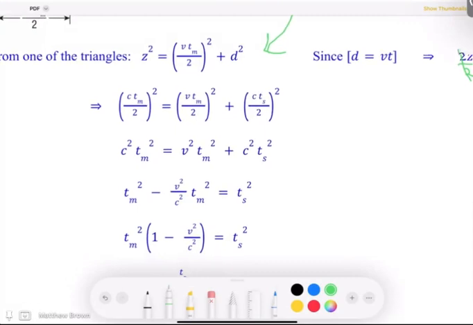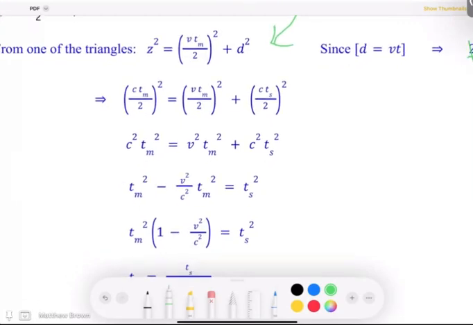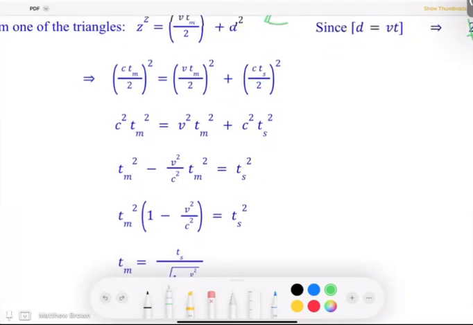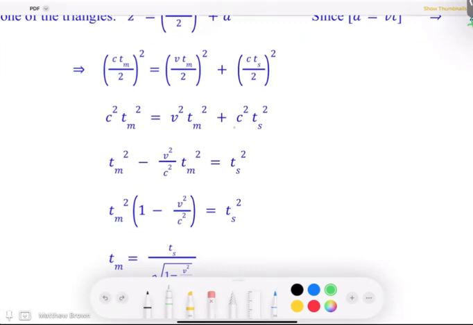And then it's just a little bit of math. We know that everything's squared, so to bring this 2 inside the bracket, everything gets squared. The c gets squared, t_m gets squared, 2 gets squared. But also there's a 2 squared, technically, on the bottom of everything, so we can just cancel that out. Just multiply everything by 4. Then, if we get to this next line here, we can divide everything by c squared. So then it cancels there and there.